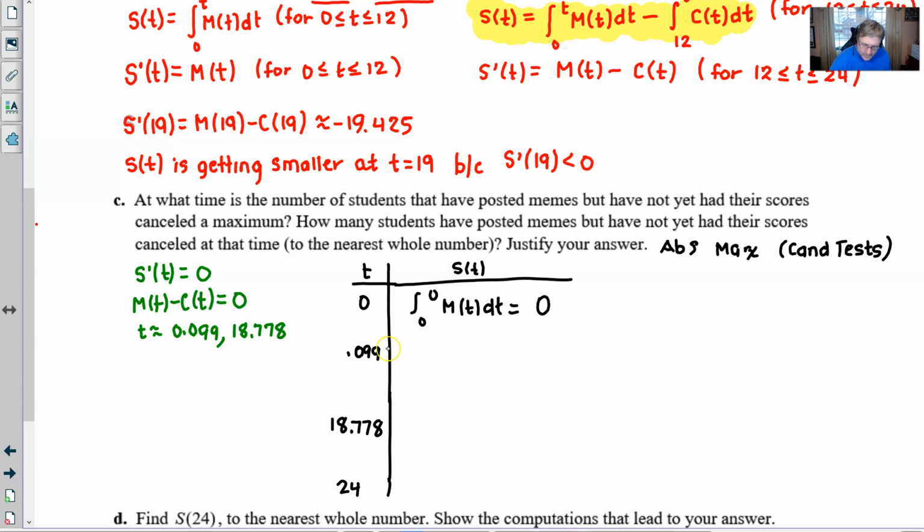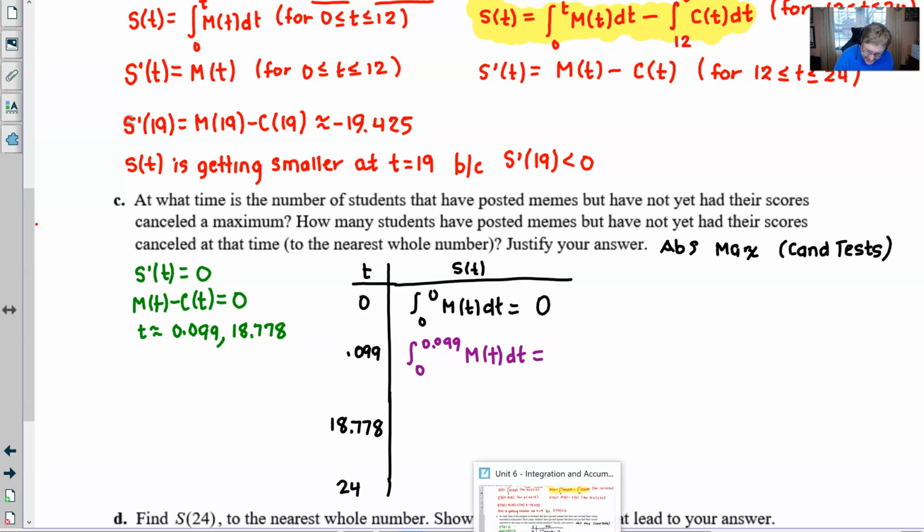Move on to the 0.099. This is again smaller than 12. So all that you need to do is evaluate this definite integral to figure out how many students we're talking about. So we'll go to the calculator and we'll make this happen.